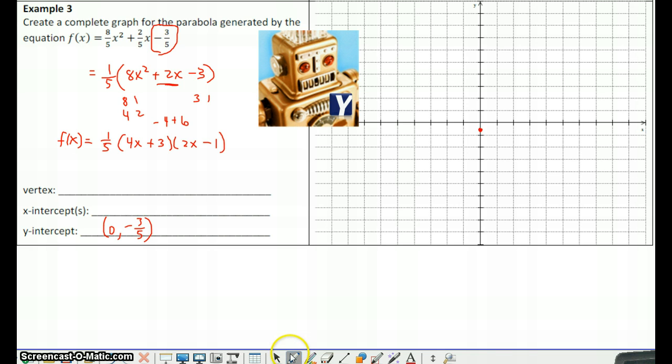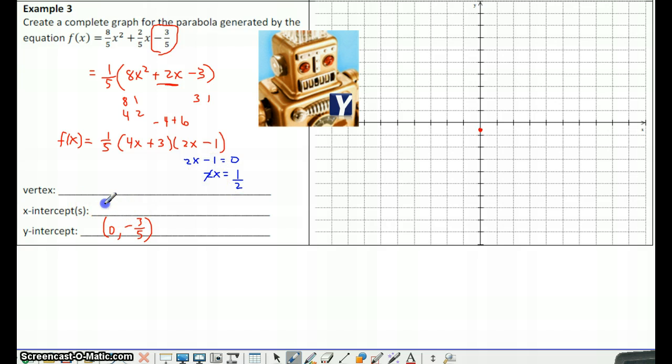From here, I can jump straight to the two different x-intercepts, the two roots. They would be from 2x minus 1, setting that equal to 0. I would have 2x equals 1, bringing over the minus 1 to this side, and dividing by 2.